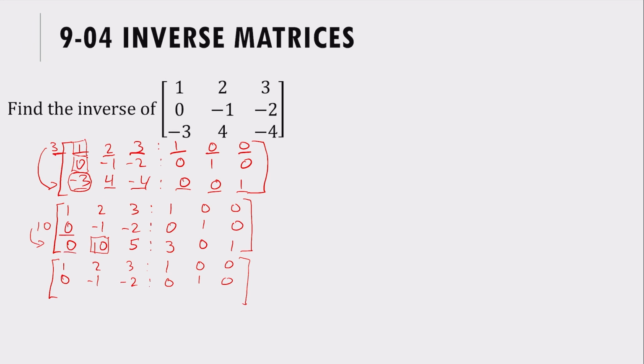So it's 10 times 0 plus 0. 10 times negative 1 plus 10 is 0. 10 times negative 2, that's negative 20, plus 5 is negative 15. Then I have 10 times 0 plus 3 is 3. 10 times 1 plus 0 is 10. 10 times 0 plus 1 is 1.